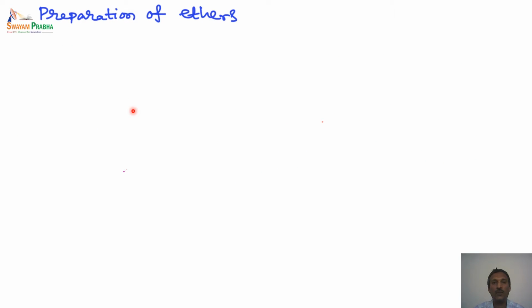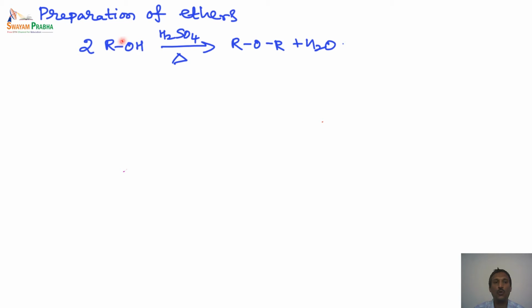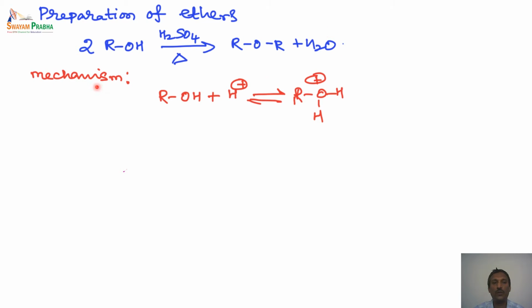Let us look at some of the preparations of ether. The first method is two molecules of alcohol when treated with sulfuric acid and heating produces ether with the removal of a water molecule. If you look at the mechanism, all the acid catalyzed reactions always start with the same step.